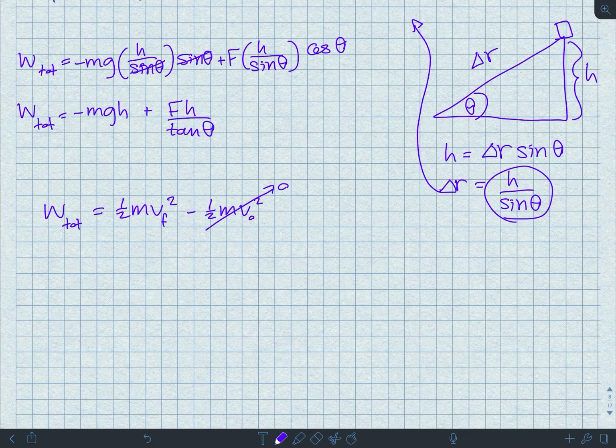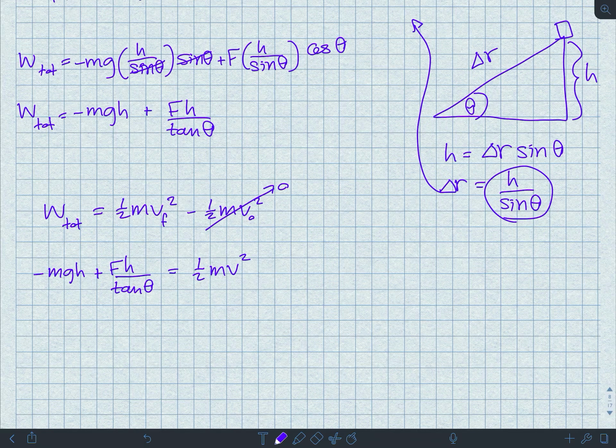Total work is all of this stuff from the previous step, and that equals 1/2 m v squared. I'm just going to call it v, not v final.